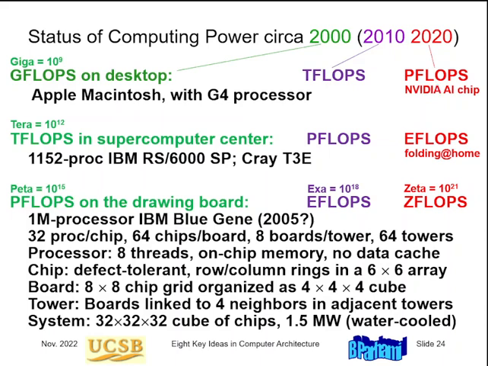For example, NVIDIA's AI chip offers about that level of performance. Exaflops in the supercomputer center, roughly speaking, actually exaflops was achieved in 2022, not quite in 2020. And we are now working on zetaflops performance, 10 to the 21 floating point operations per second.